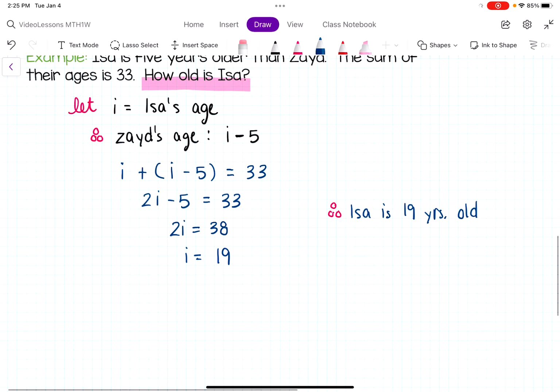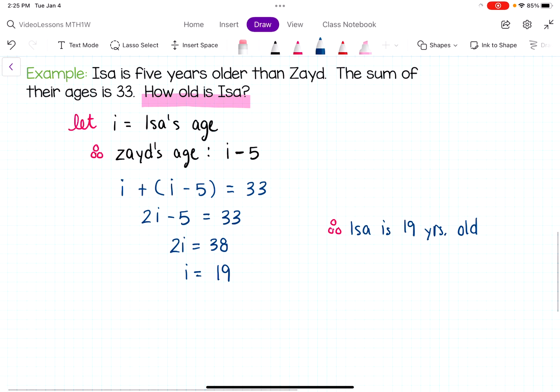So some important things to remember. When I don't give you a variable, you have to assign the variable. And generally, you'll always have what we call a let statement and then a therefore statement at the end, and the math happens in between. Another thing to remember is you cannot solve for two unknowns in one equation.